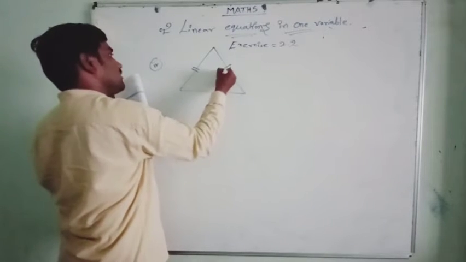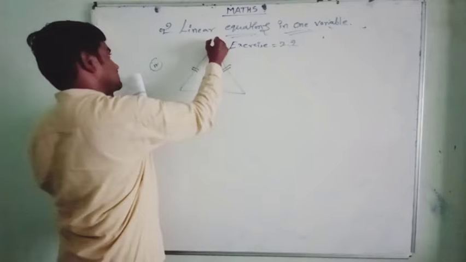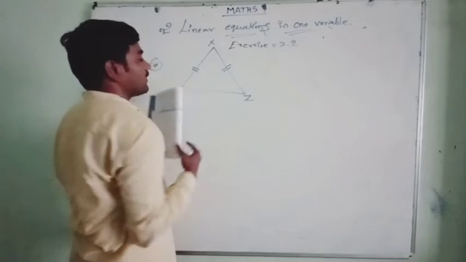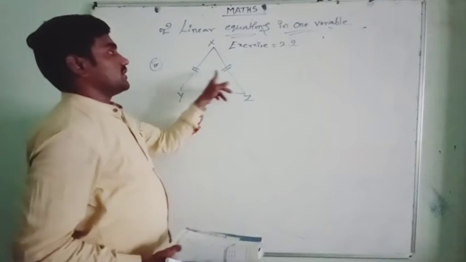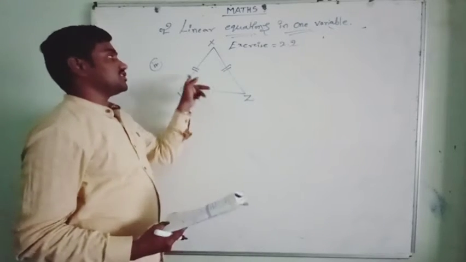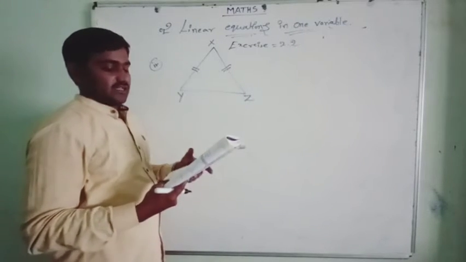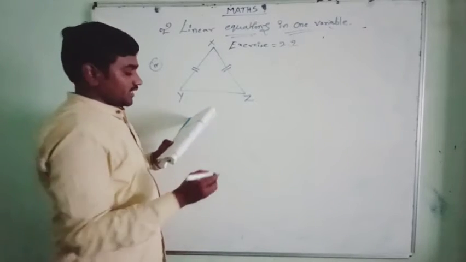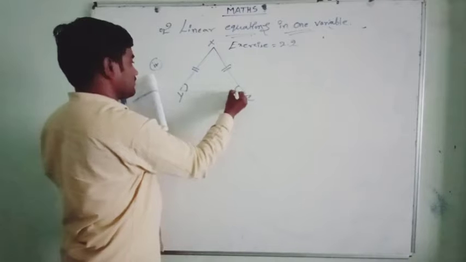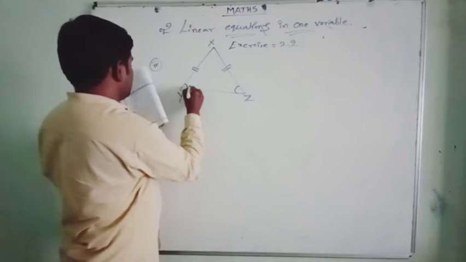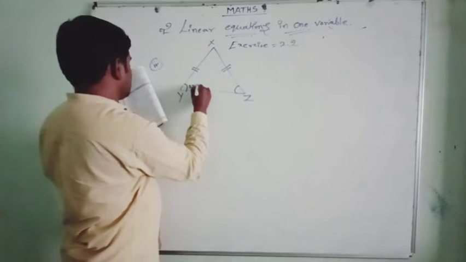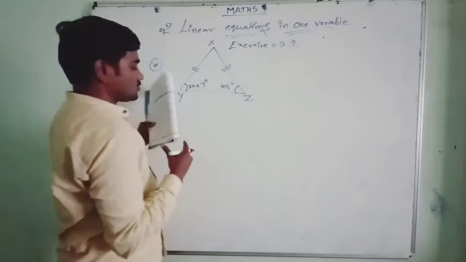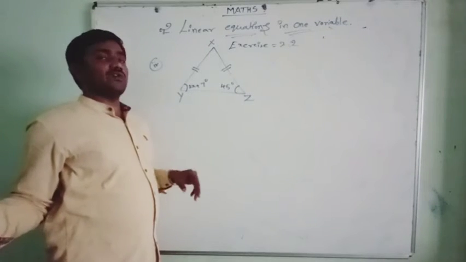See, they have given some marks on the line segments of the triangle. What is the meaning of these marks? That means these two sides are equal in length. Here they have given 2x plus 7 degrees and here 45 degrees. So we need to find the x value here.